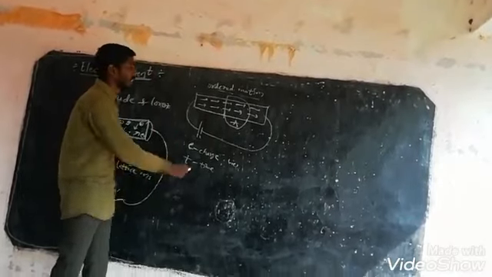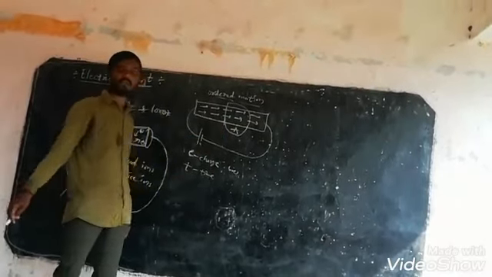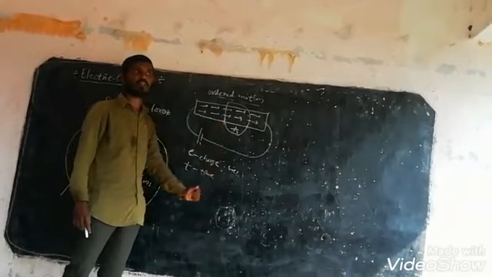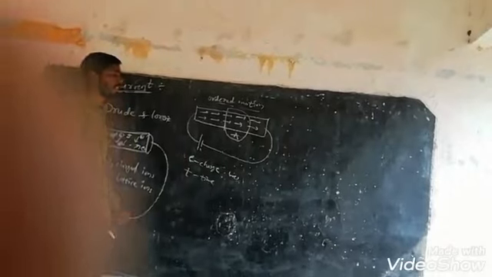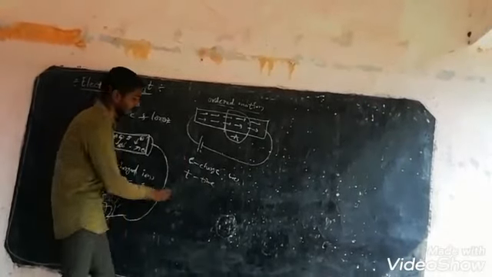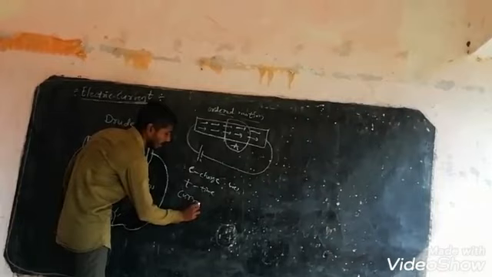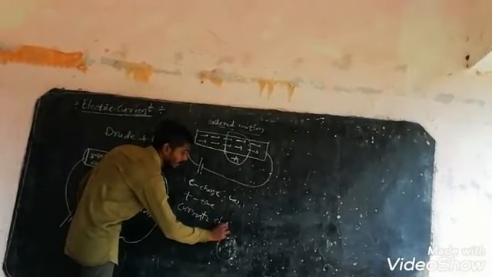So the charge flowing through the conductor per unit time is called electric current. Current means charge by time.